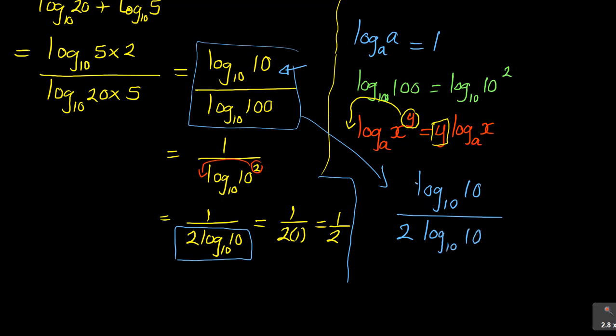You can see that you cancel now. Log 10 of 10 is 1, log 10 of 10 is 1, and the answer there becomes 1 over 2. So these are different ways that you could have approached this.